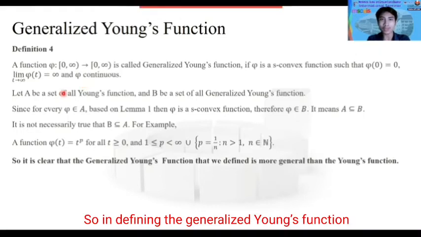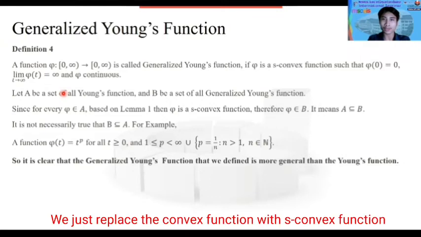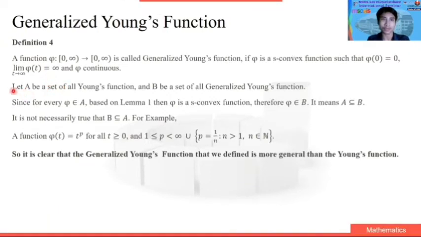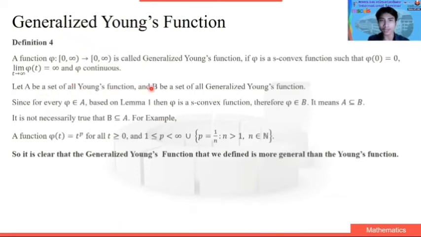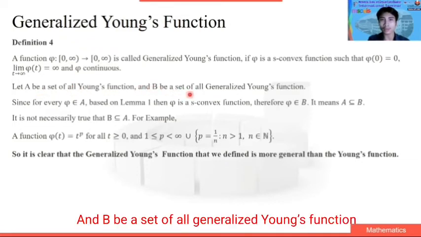So in defining the generalization, we just replace the convex function with S-convex function. Let A be the set of all Young functions, and B be the set of all generalized Young functions.